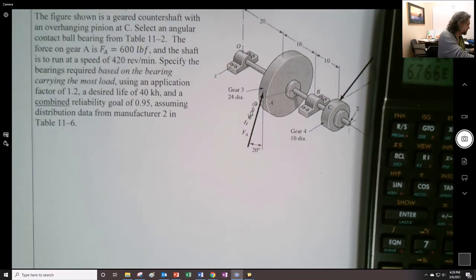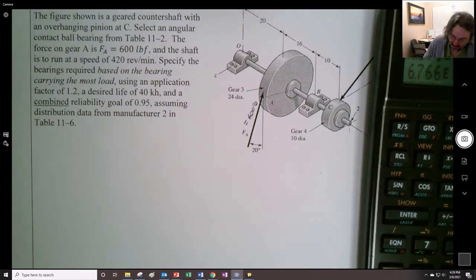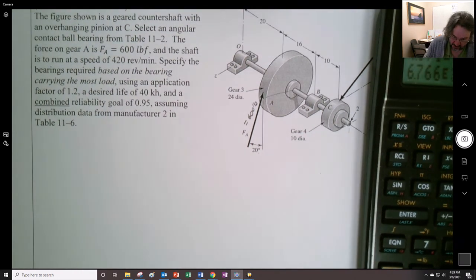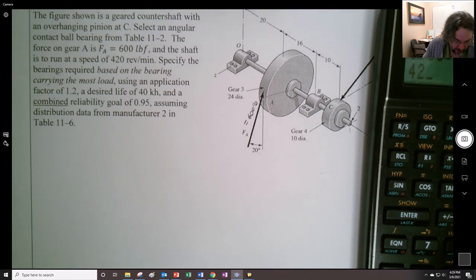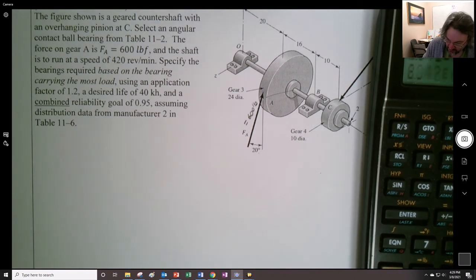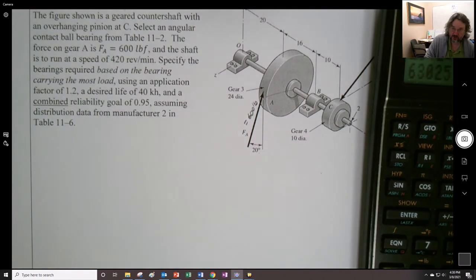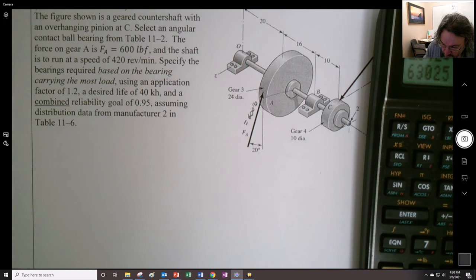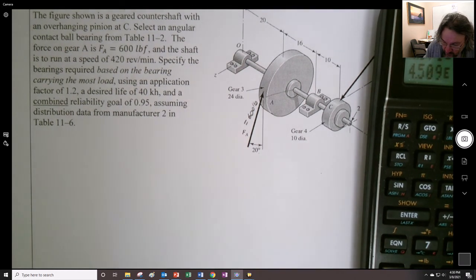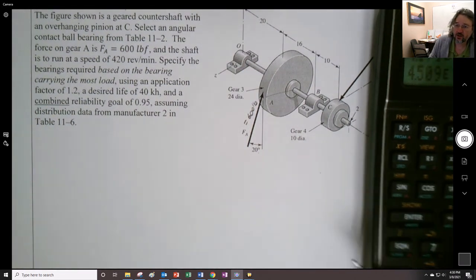I really need to memorize these things one of these days, but I can't remember if that 63,000 is inch pounds or foot pounds. That is inch pounds, right? So if you take that inch pounds, and you multiply by 420 and you divide by 63,025, which is from equation 3-42, you get that this thing is doing 45.1 horsepower.